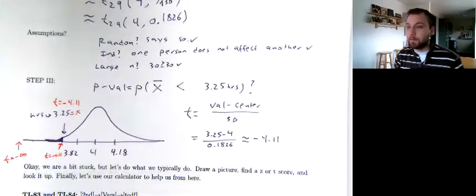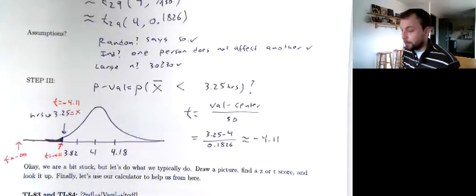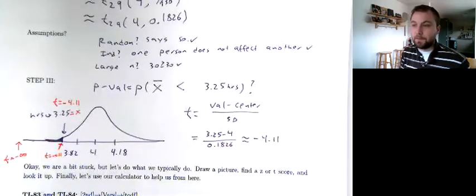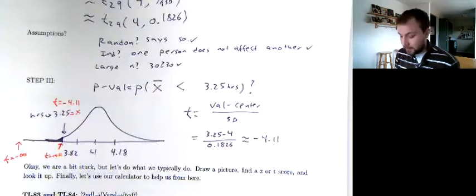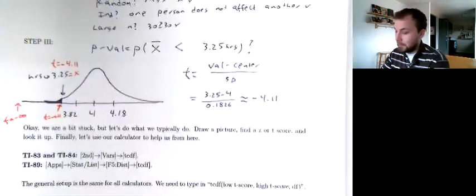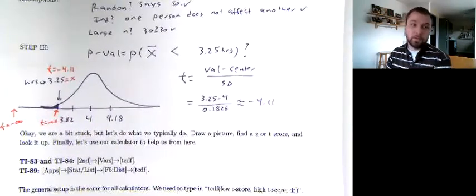Now, previously, I would look this up on the table, but as mentioned last time, I would have to have a table for each degree of freedom. So I'd have to have a whole book full of tables instead of just one single table. So here's the new step. I want to be able to look up a t-distribution. And if you use your calculator for 2nd VARS, you're going to find this in the same spot where you found binomial PDF and binomial CDF.